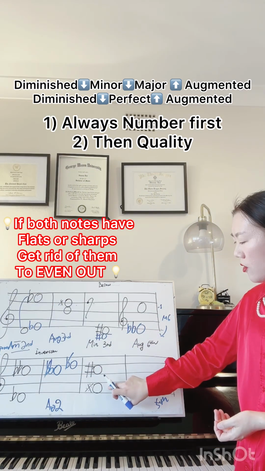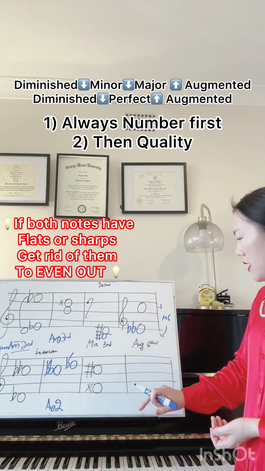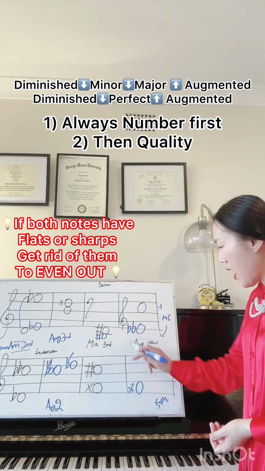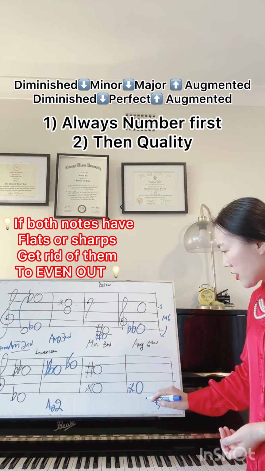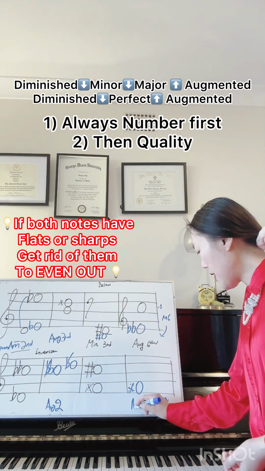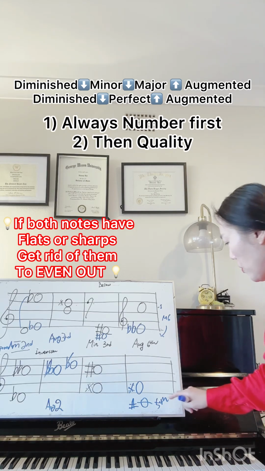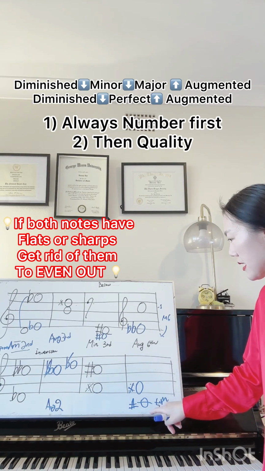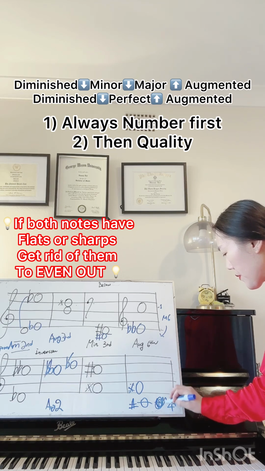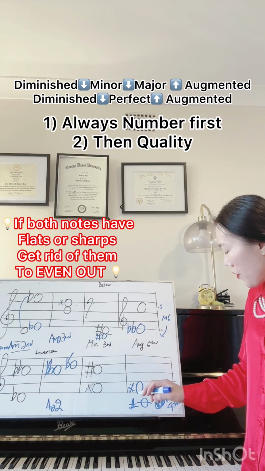Either move the lowest note an octave higher or move the highest note an octave lower. Either way is fine. This time I'm going to move the highest note an octave lower to invert. We do the number first. What is the number between C and F? That's a 4th. Now we go through the quality.